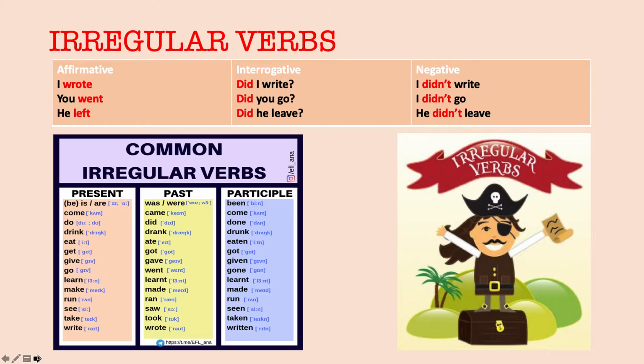Or you can learn the most common irregular verbs first, or you can learn a new verb and at the same time learn its tenses as well, or you can learn them when you listen to songs. And these are just some ideas, and you can think of other ways in which to learn the irregular verbs.